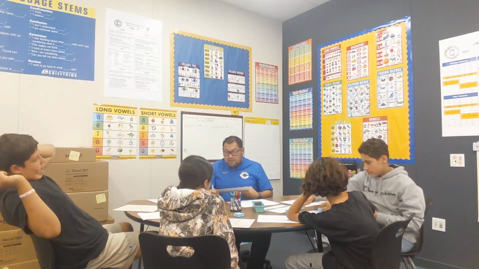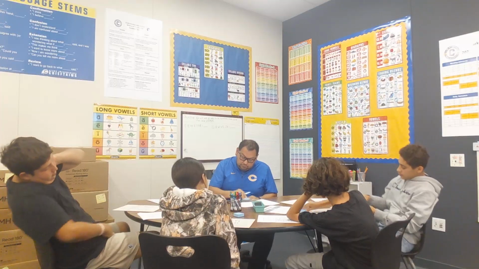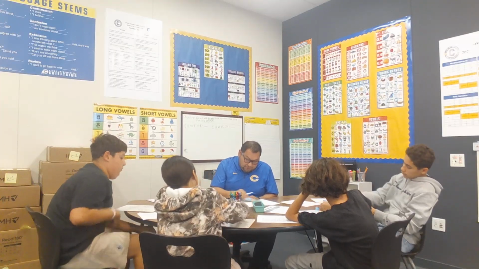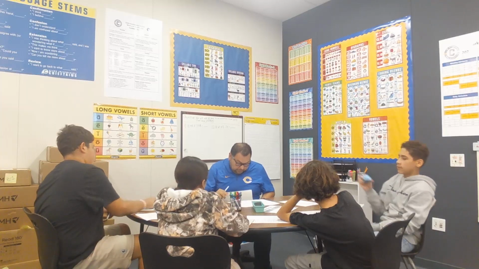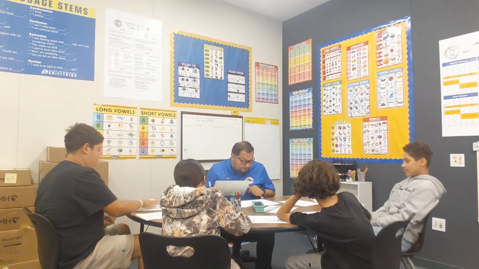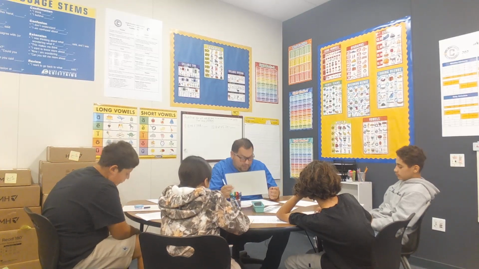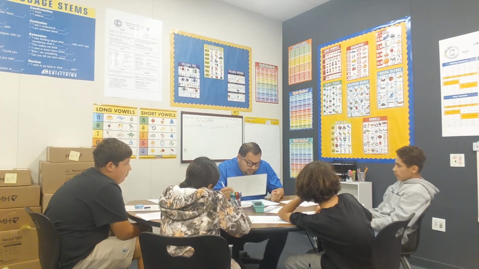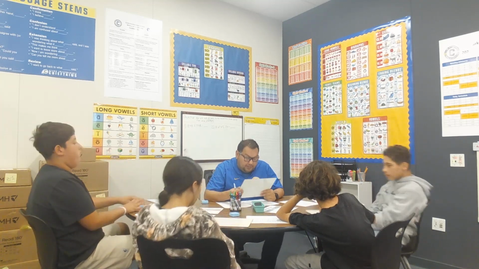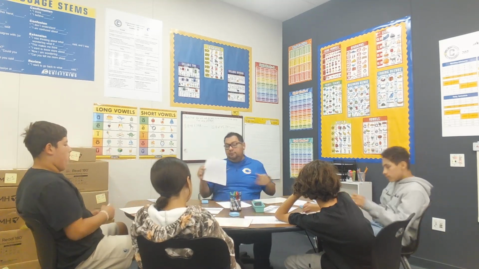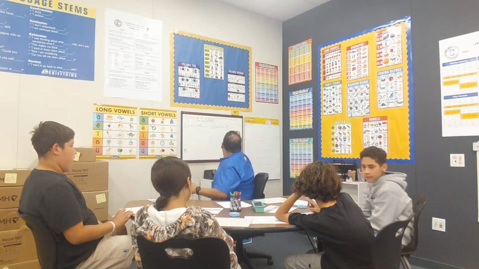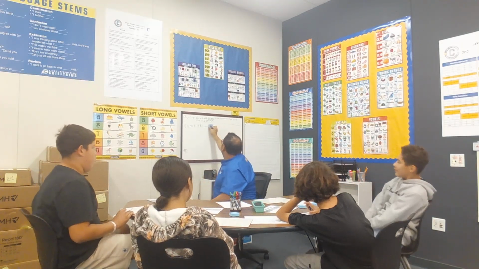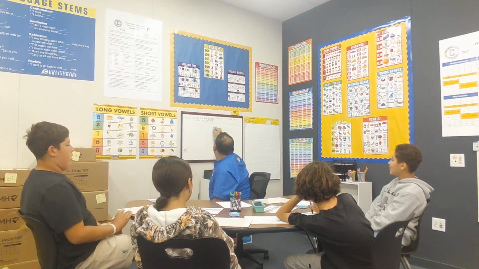Okay, so now go ahead and erase your boards. For our exit ticket, I'm going to have you solve this problem, to make sure that we understand how to line decimals up.